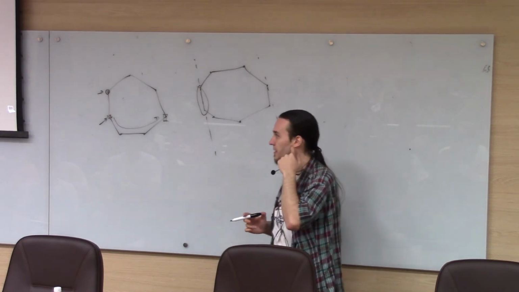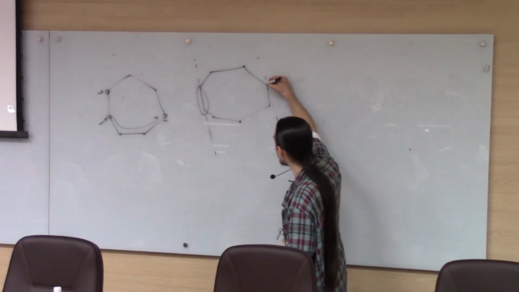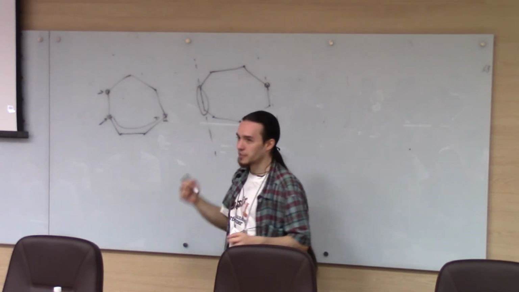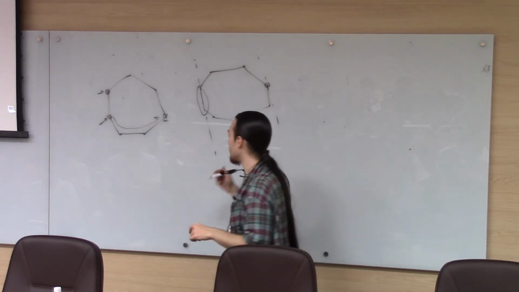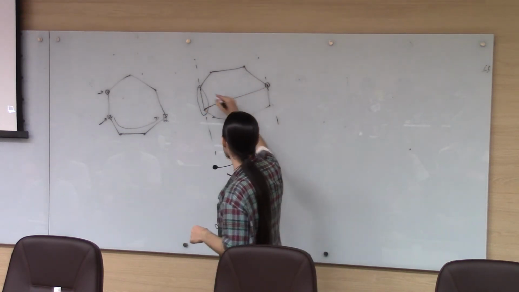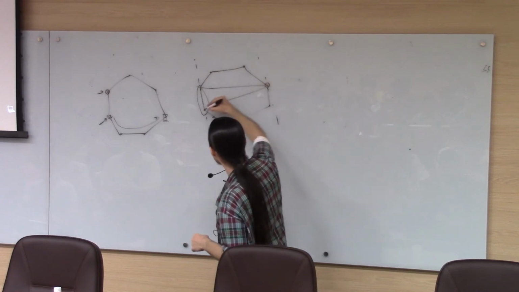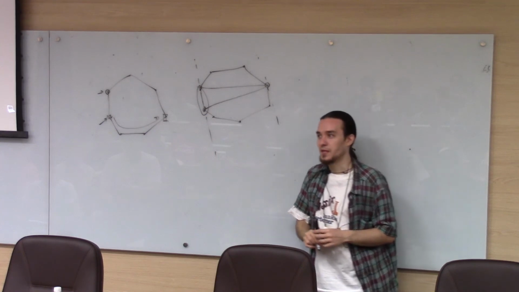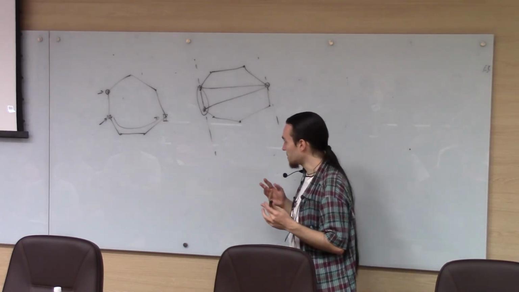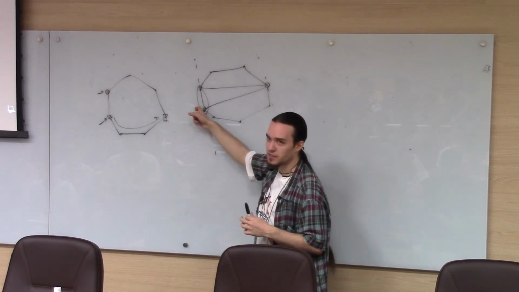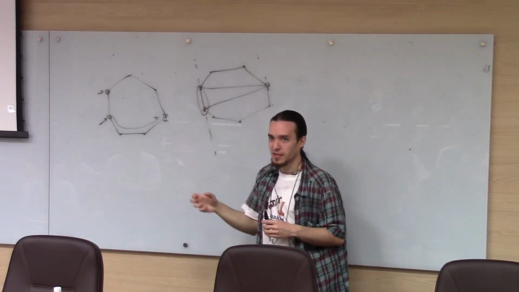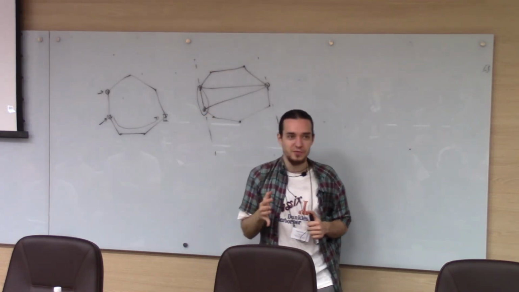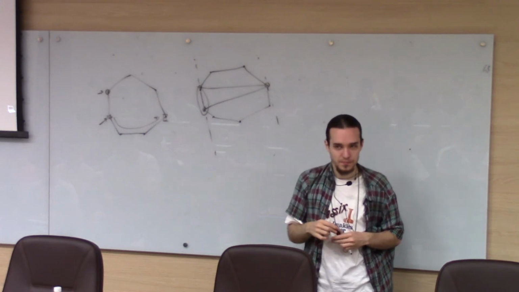The point is, after we have found this farthest point from a side, we check two candidates for the farthest pair of points, and these are the farthest point and also the endpoints of the side. And we claim that if for every side we find the farthest point and check the candidates, the farthest point and the endpoints, we will find the correct answer. We will find the farthest pair of points.